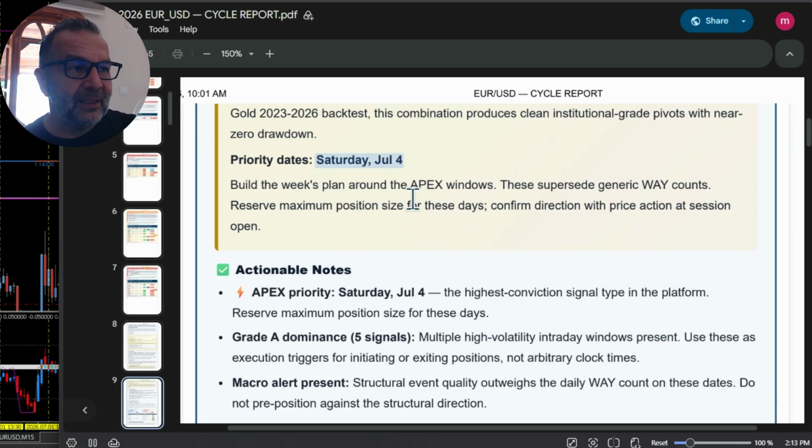Now that is Saturday. It's not a trade day, but I specifically included Saturday and Sunday. It's on there for Bitcoin, cryptocurrencies, but it's also on there in case there is an apex and the market is open, just obviously look out for it, because that's going to be an important day.